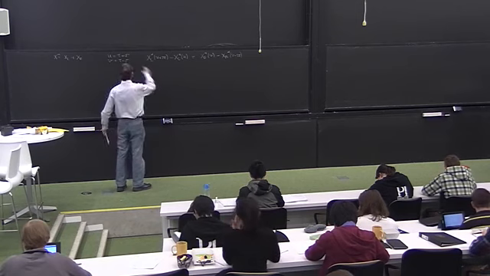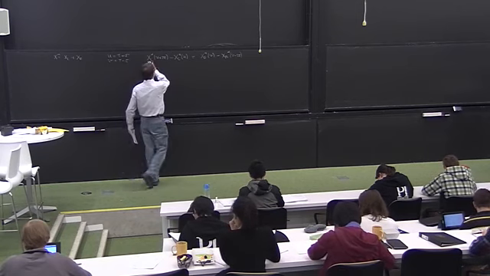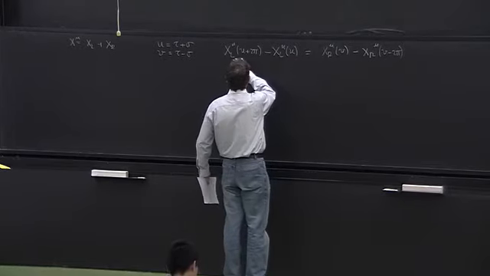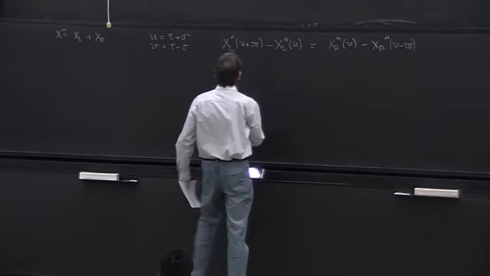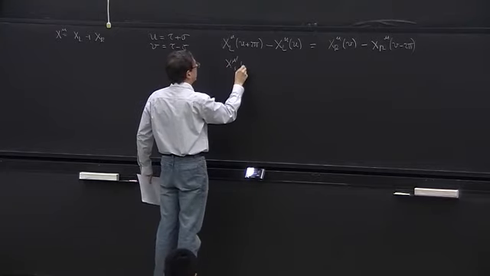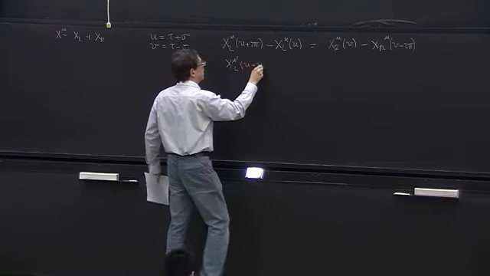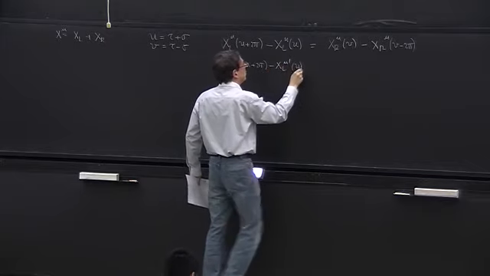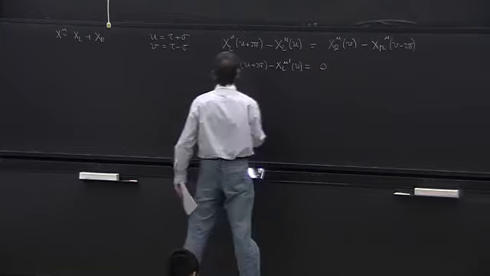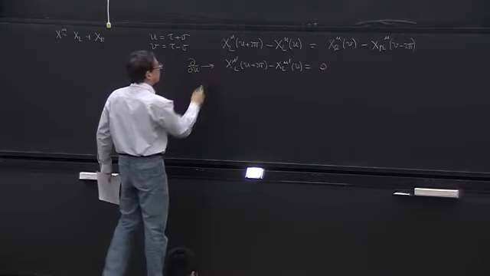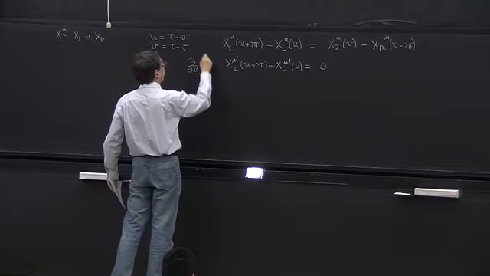We can vary u without varying v. And therefore the left-hand side would give you x left mu prime of u plus 2 pi minus x left mu prime of u equal 0, because you're taking a du derivative in this equation.